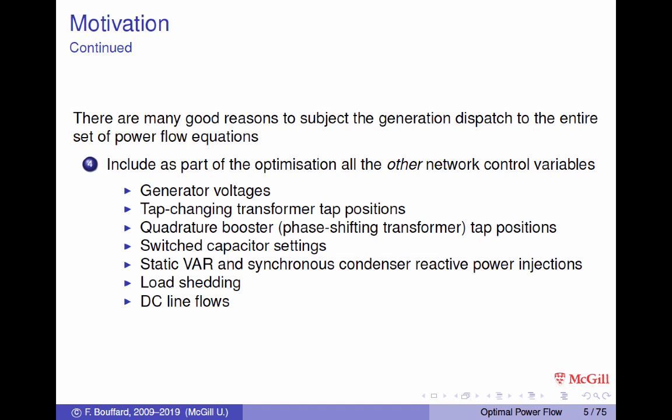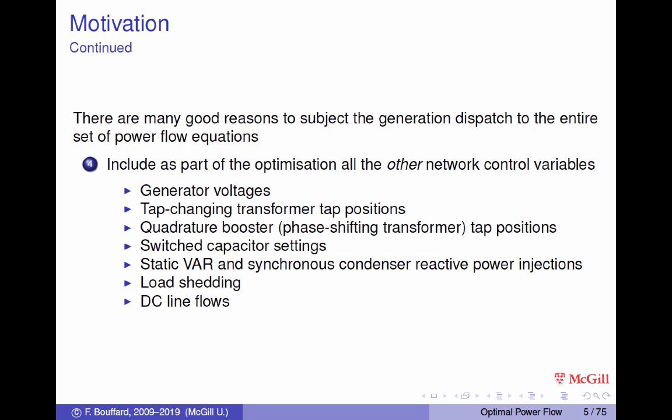And also, in practice, there is not just generation to dispatch. Yes, it's the primary lever of control in a power system. However, there are many other control variables at our disposal, depending on the level, either from the operator or from the planner.